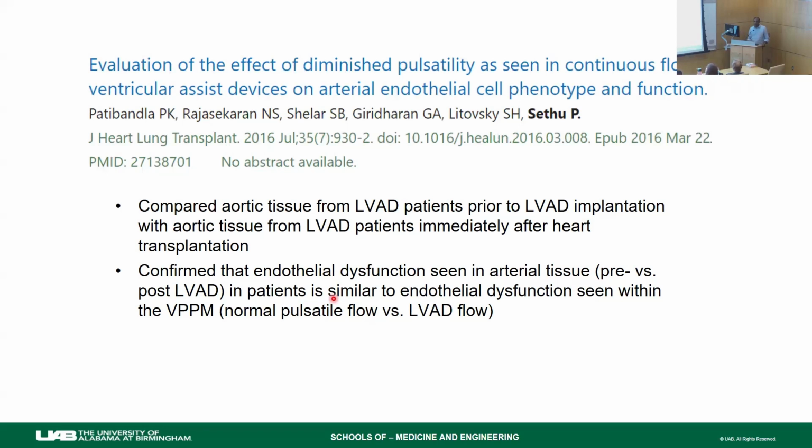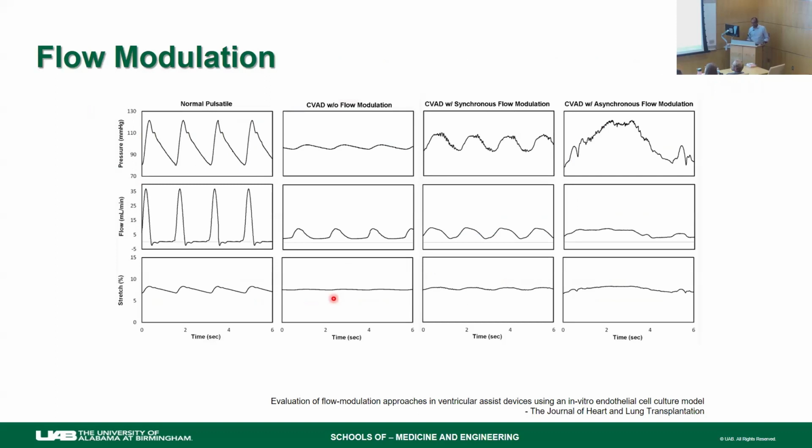Now we designed these flow modulation protocols where we get normal pulse style flow and continuous flow, which we've already done. And then the synchronous flow modulation where we preserve the pulse frequency, but the pulse pressure, we can't get it up to 120 over 80. We can only go maybe 105 over 90. And then the second condition was pulse pressure back up, but the pulse frequency is much lower than the other condition.